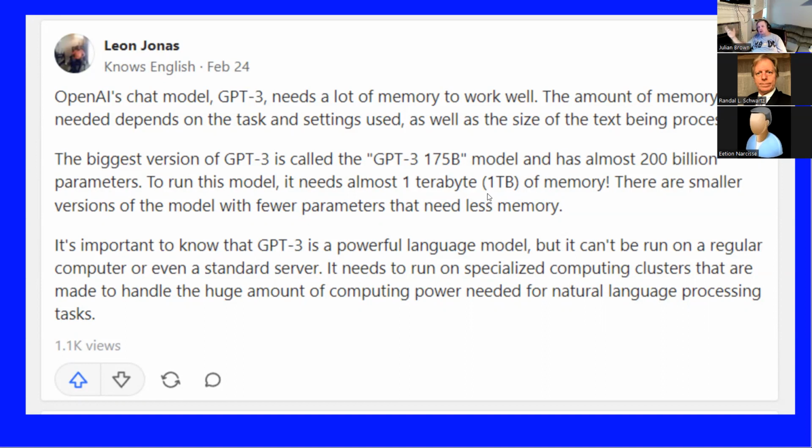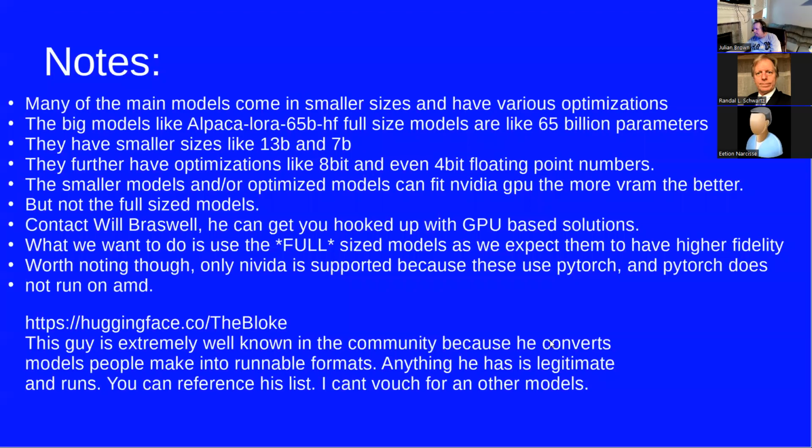So if we could legally get hold of GPT-3 for this, we would need about a terabyte to support it. They go on to say they have specialized computing clusters to manage this. This isn't even something I could get equipment for to run something that large in a GPU environment.